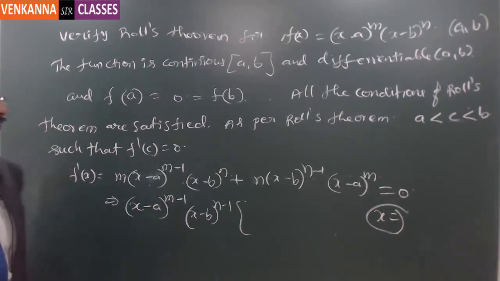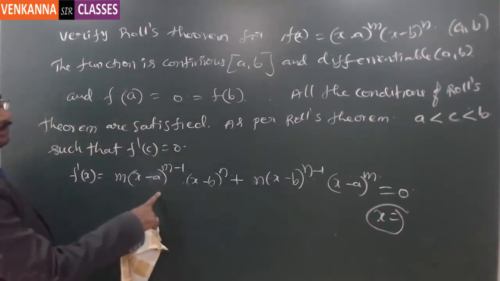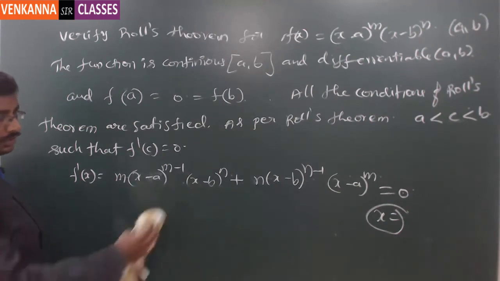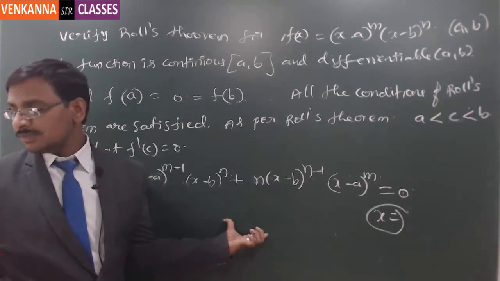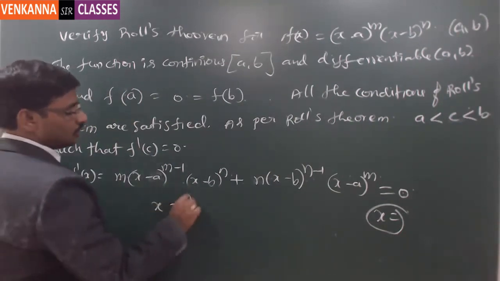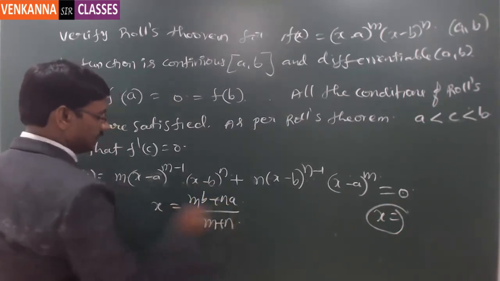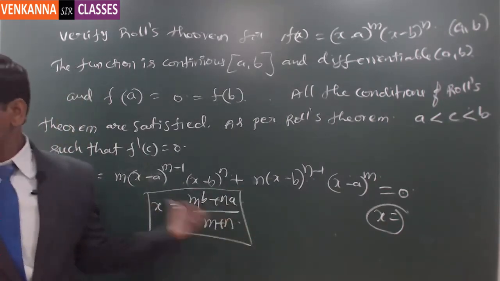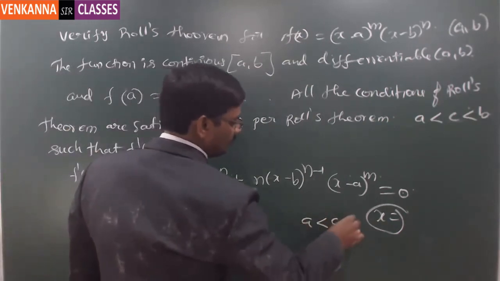Yeah, great. So simply take (x minus a) whole power m minus 1 and (x minus b) whole power n minus 1 common, equate to 0, and the rest of the part, if you simplify it, you are going to get the value. What Prithvi gave is x is equal to mb plus na by m plus n. This is nothing but the weighted arithmetic mean of a and b, so it is definitely in between a and b.